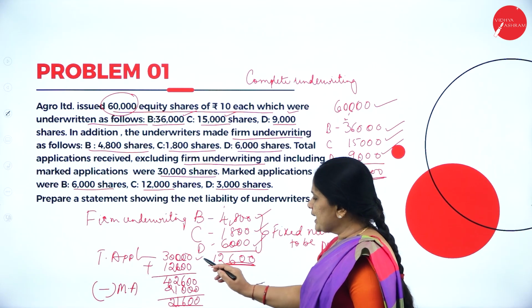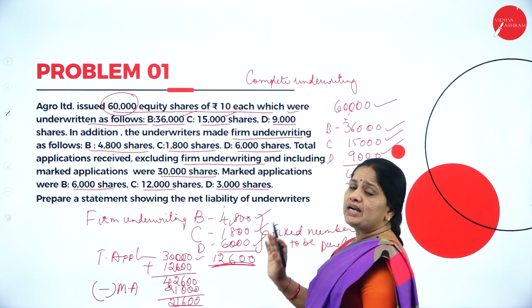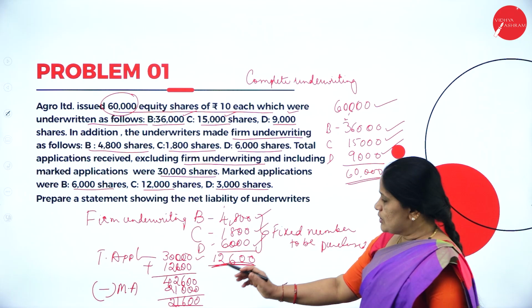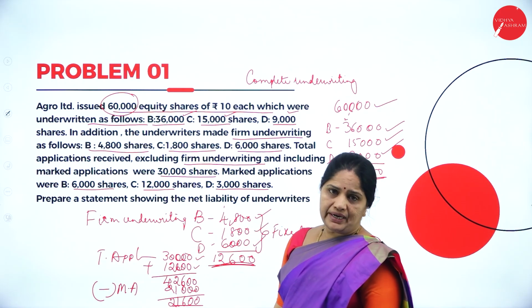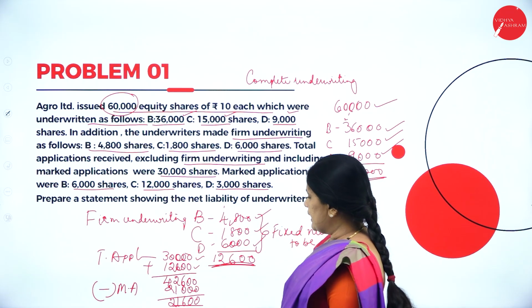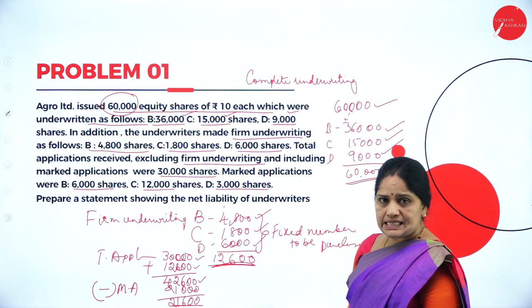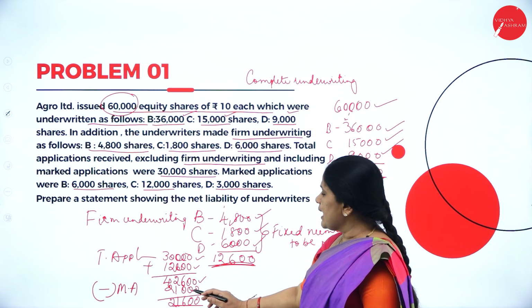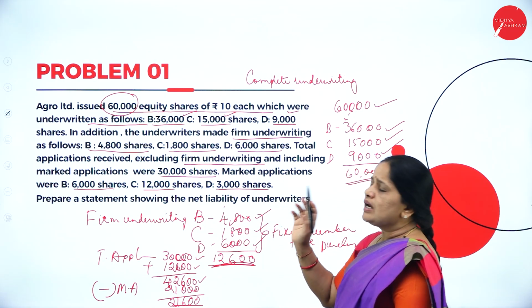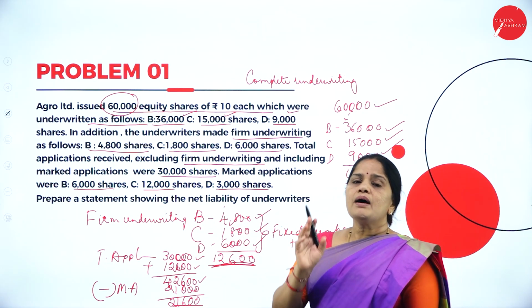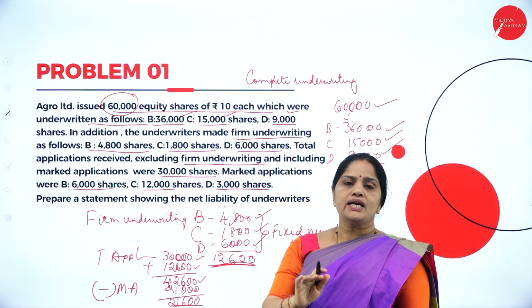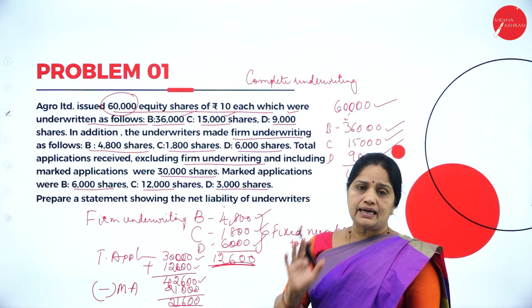Now, total applications excluding firm underwriting is 30,000. For this I am adding firm underwriting 12,600. I get the total number of applications as 42,600. Now, from this I am deducting the marked applications. What is this marked application? Marked applications are those which bear the seal of the underwriter.